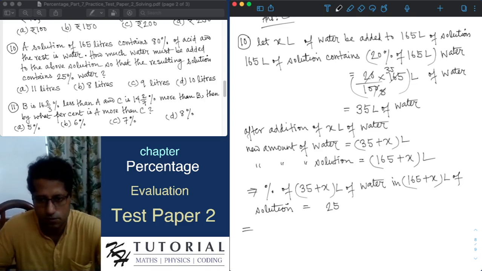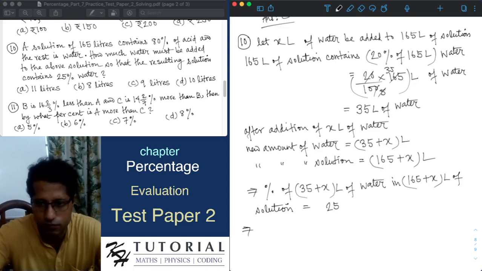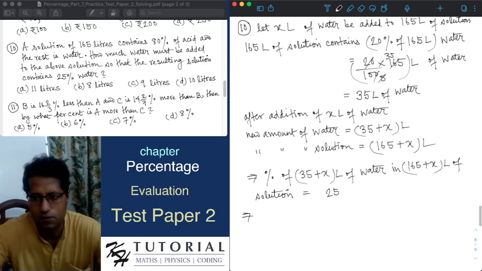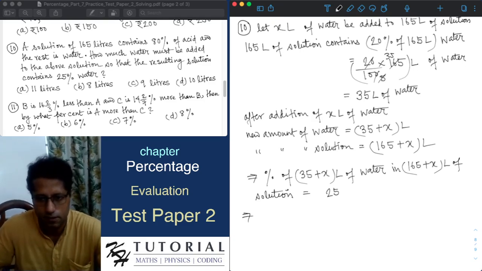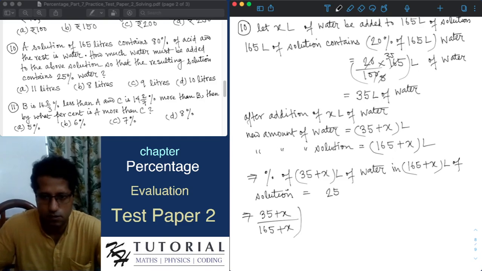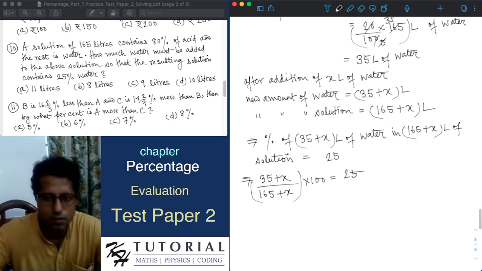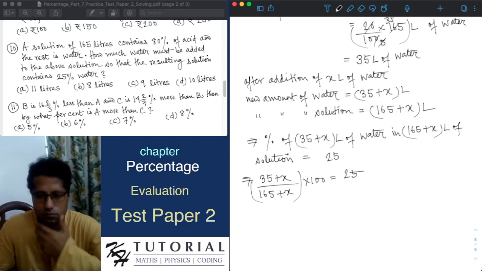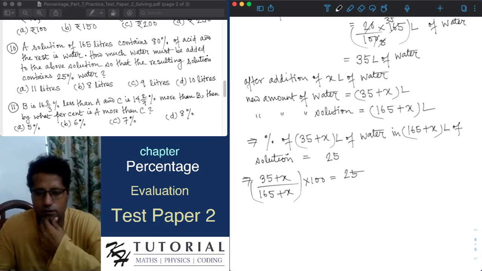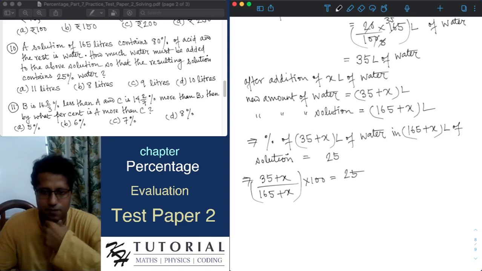So what is the percentage of 35 plus x of 165 plus x? That is 35 plus x divided by 165 plus x multiplied by 100. This is given to be equal to 25. From here we have to solve the linear equation in the variable x.